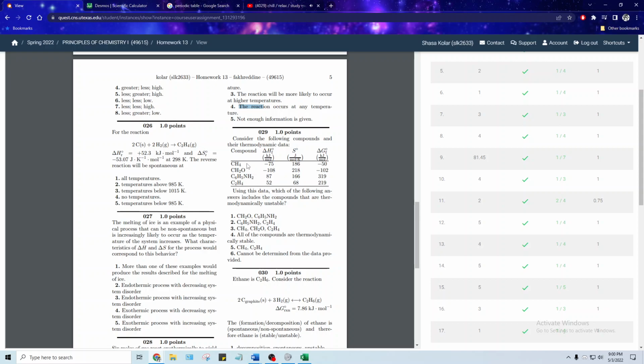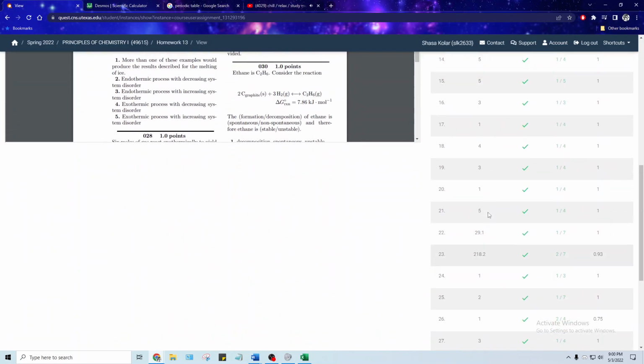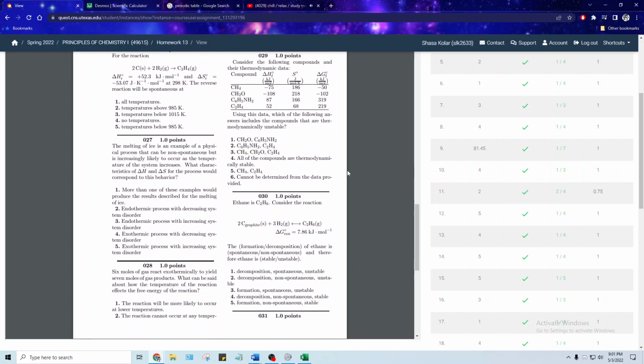I'm not sure how I got this wrong the first time, but I managed somehow. Anyway, so it's going to be number 2. Because positive delta H means that it requires energy to come in, and energy coming in is less likely to happen. Basically, when things produce their own energy, that means they're more likely to be spontaneous, is generally what that means.